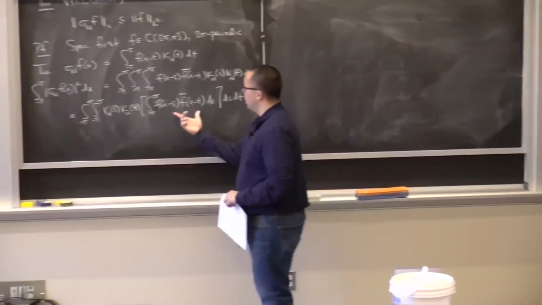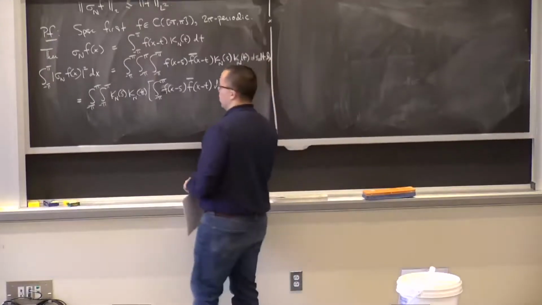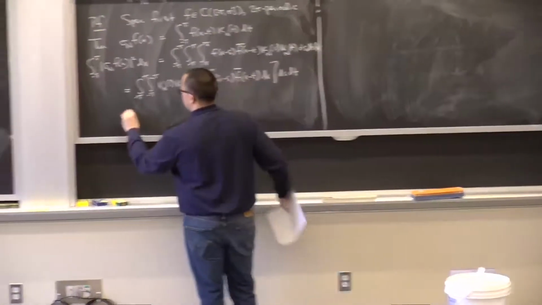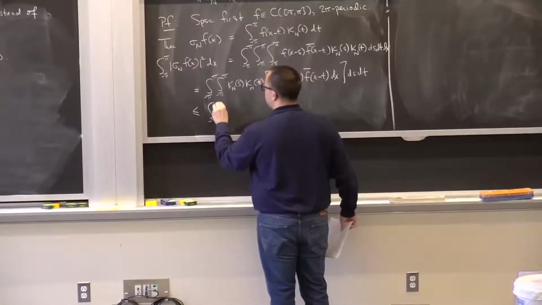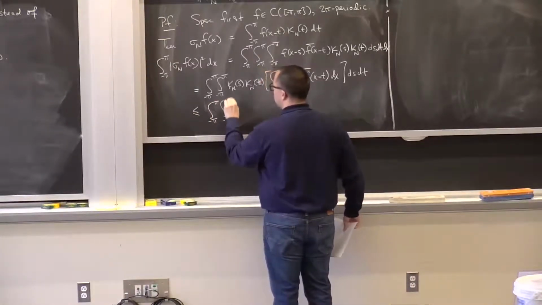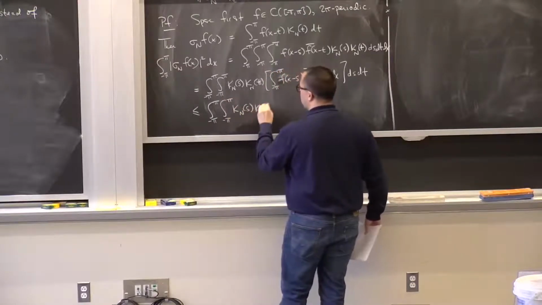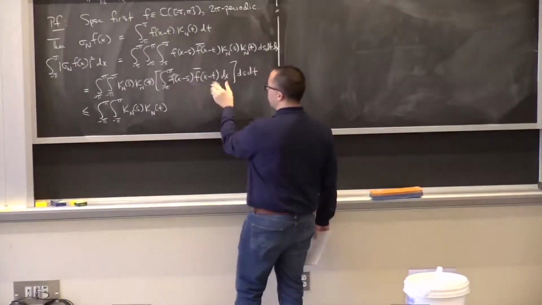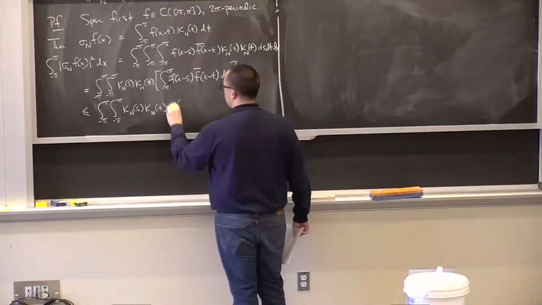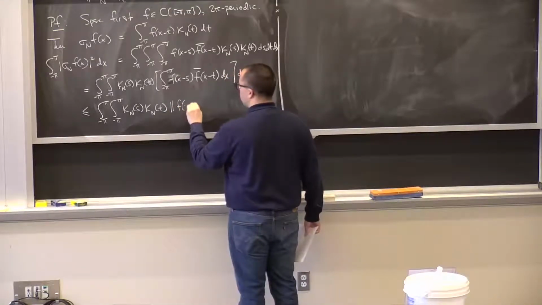Now, I do Cauchy-Schwarz on this. And so this is less than or equal to the integral over minus pi to pi of kn of s, kn of t, times, I'm using Cauchy-Schwarz in x now, so times the L2 norm of the function minus s.